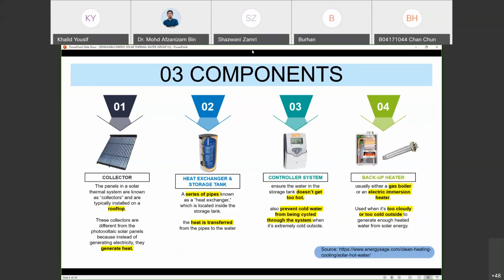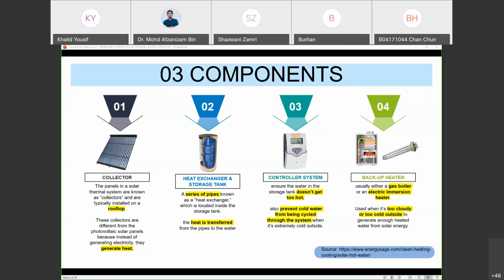There are four basic components of a solar water system. The first is the collector. The panels in the solar thermal system are known as collectors and are typically installed on the rooftop. These collectors are different from photovoltaic solar panels because instead of generating electricity, they generate heat. Second is a series of pipes known as a heat exchanger, which is located inside the storage tank, and the heat is transferred from the pipes to the water.